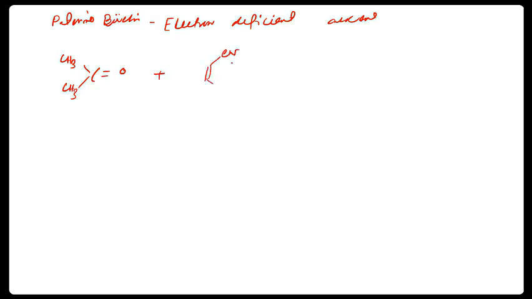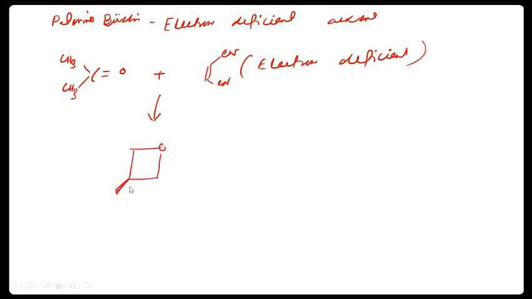So this is electron deficient. And the product that we are going to get is this. Yes, retention of stereochemistry. Both the groups will be in the same direction.